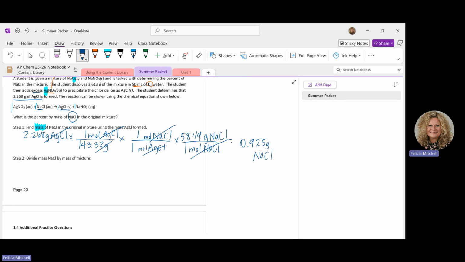And that leads me to come up with this. Now, how am I doing all these? I know I'm not explaining the calculator work. You can treat these as one big, long multiply across the numerator, divide by the product of the denominator. You can put it in your calculator like this: 2.268 divided by 143.32 multiplied by 58.44. What I do suggest, and I did teach you in 10th grade, is not to do a whole bunch of parentheses and fraction bars in your calculator. My calculator would look like this: 2.268 divided by 143.32.